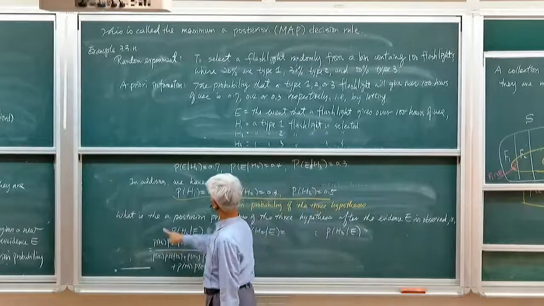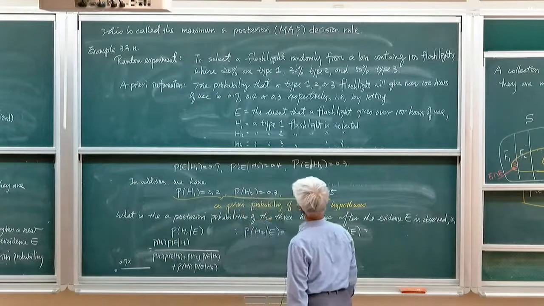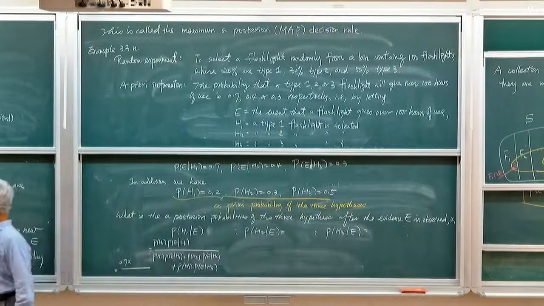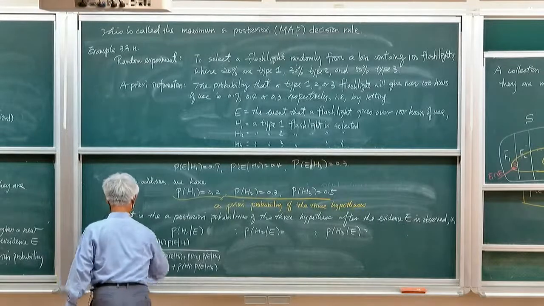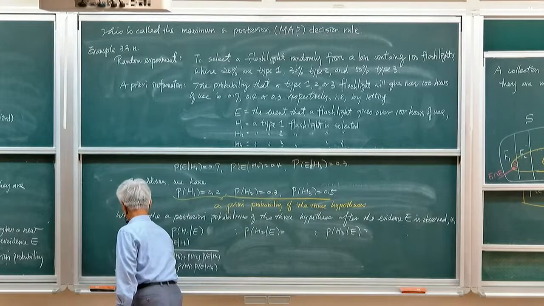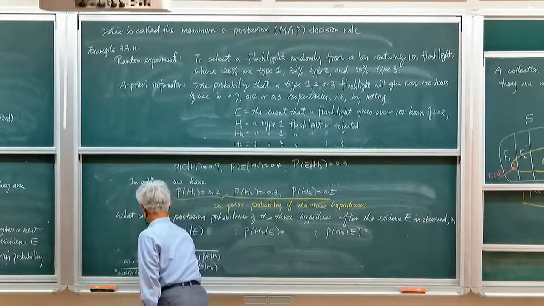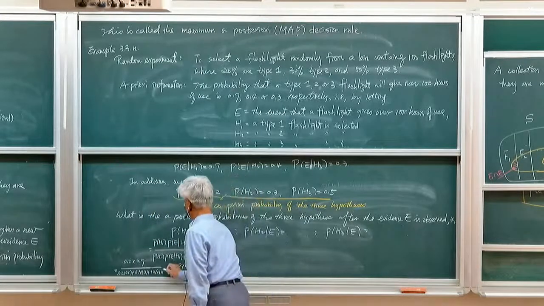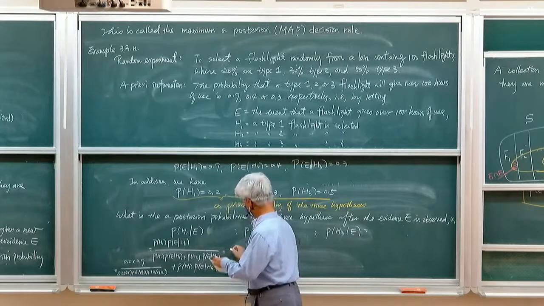So now we have the prior 0.2 and 0.7, and here is 0.2 times 0.7 plus 0.3 times 0.4 plus 0.5 times 0.3.